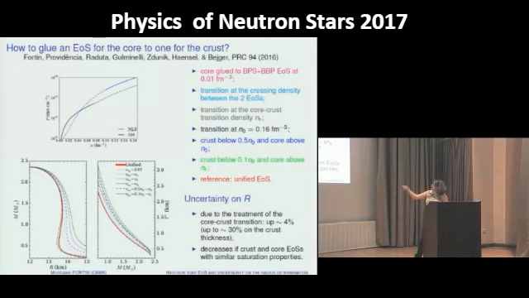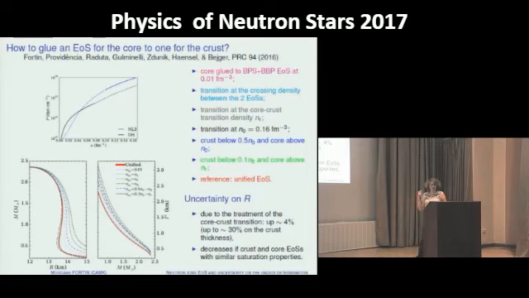In this work, we had a look at various methods in the literature that were used to connect core and crust. For each of these methods, we calculated the mass-radius relation and the relation between the mass and the thickness of the crust. And what we saw is that just due to the way you connect the core and the crust, you can introduce an uncertainty on the radius which is up to a few percent.